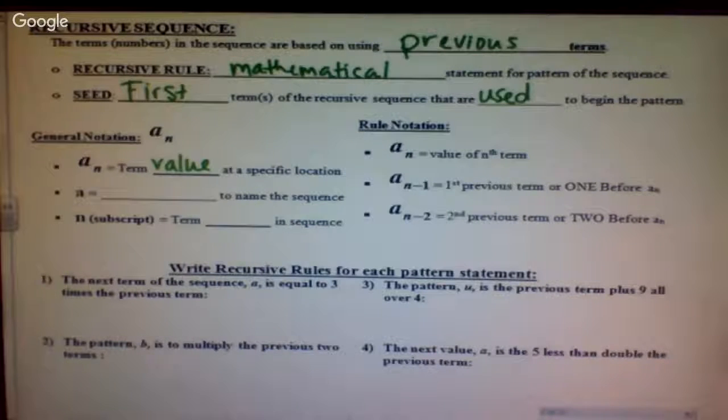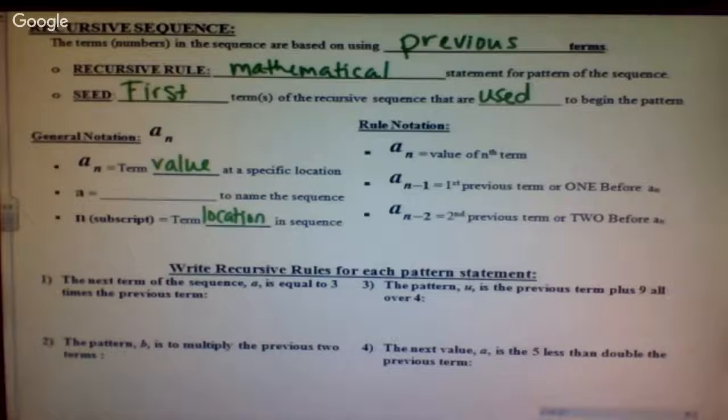This is A sub 1. So that n value tells you the term location in the sequence. It tells you where your number is. If it's in the third spot, it's A sub n.